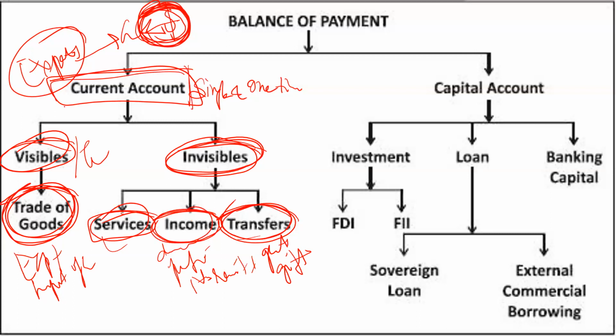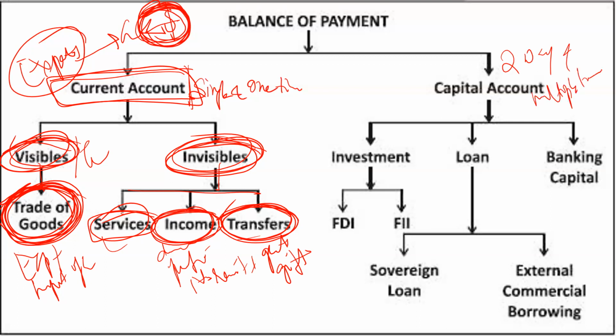The current account is a single-time and one-way transaction. It is divided into visibles and invisibles: in the visibles, export and import of only goods occur, and the invisible consists of services, income and transfers. And coming to the capital account, these are two-way and multiple transactions.